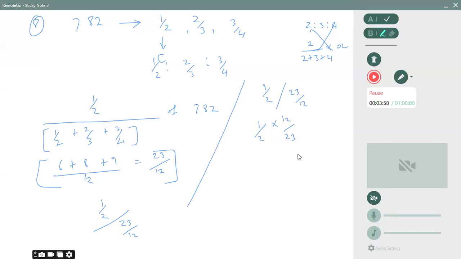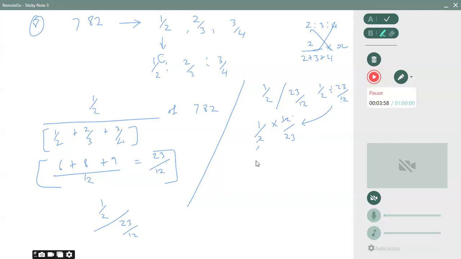I don't know if you know that if it is a half divided by 23 out of 12, it changes to this. This one remains, and this one which is down goes up, which is up goes down. It's what I have done here.